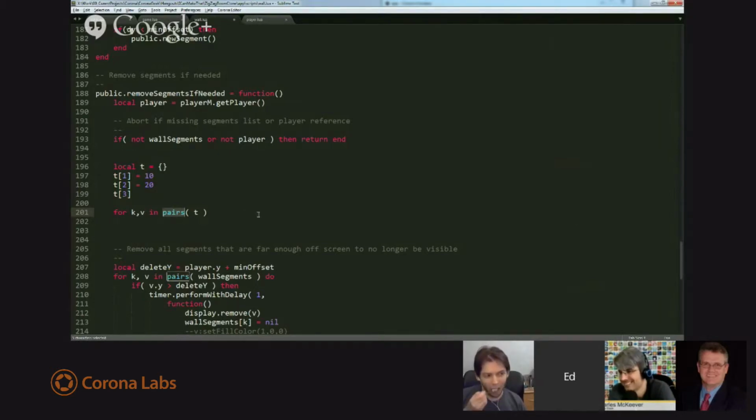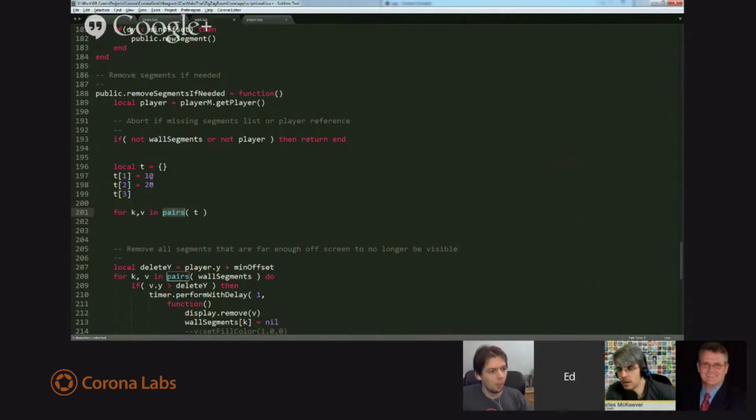Yes. And the iterator's job is to, what you would assume, iterate over the table. But how it does so is up to the iterator, and it may not necessarily be in the order that you think it will be in. It's going to be in some order, whatever it so chooses. So internally, I'm not familiar with the rules for how the iterator goes from element to element within the table.